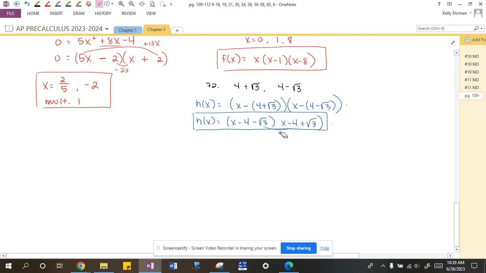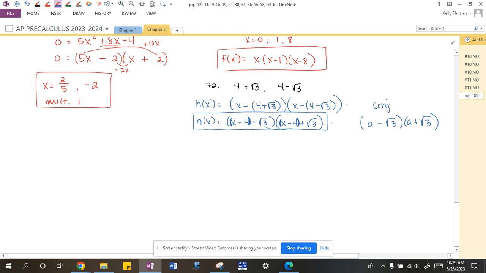The shortcut, though, is to look at this a little bit differently. What if we look at this as x minus 4 minus radical 3, x minus 4 plus radical 3? Think of the x minus 4 as a whole thing. If I told you to multiply a minus radical 3 by a plus radical 3, those are conjugates.